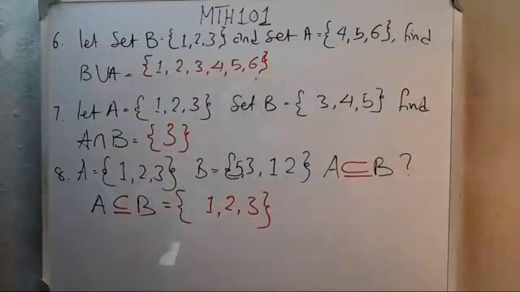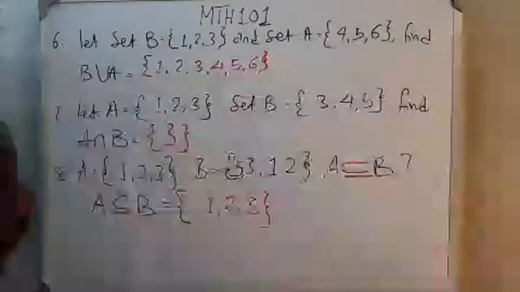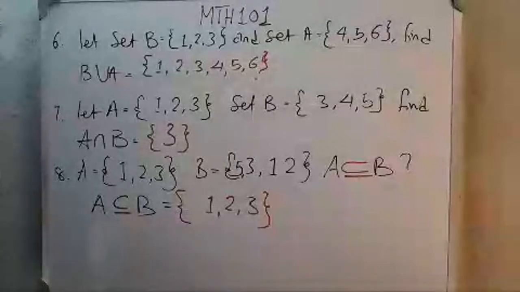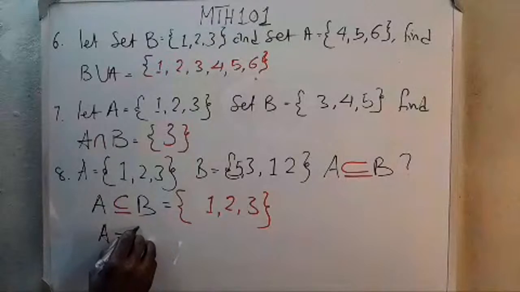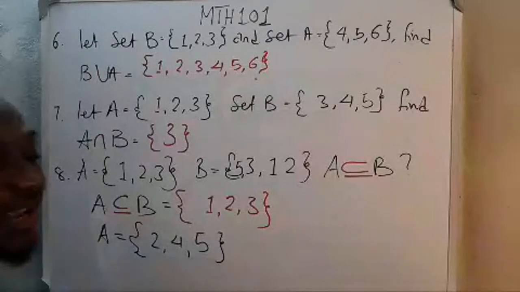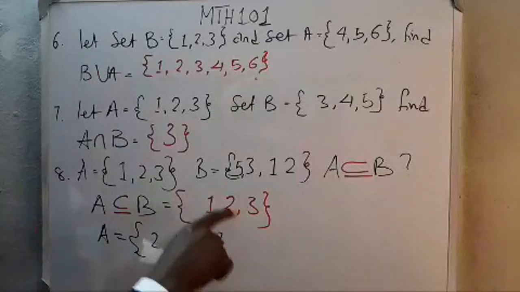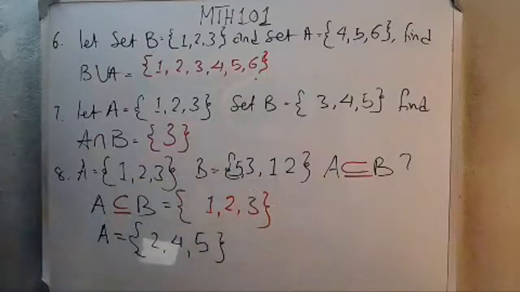We can also have it like this: A equals 2, 4, 5, meaning that the complete set A here is found in B. That is what makes it a subset.